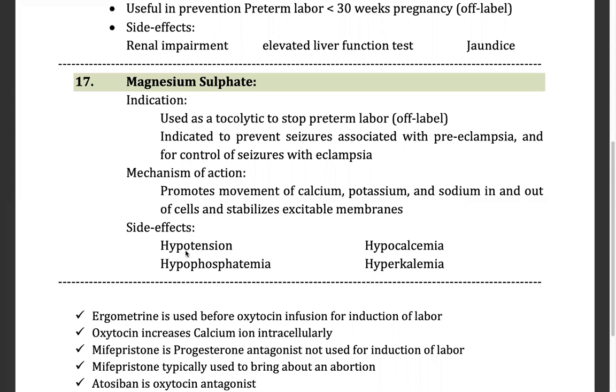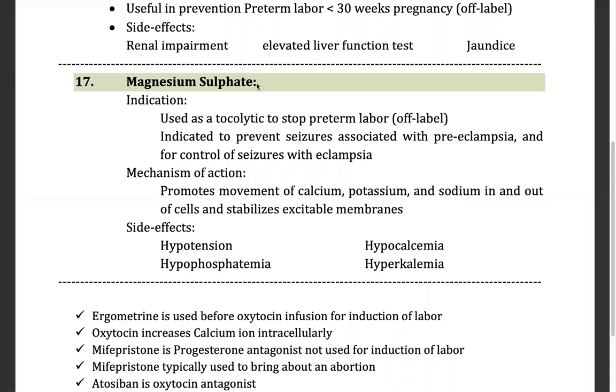Adverse effects include hypotension, hypophosphatemia, a low level of phosphate, hypocalcemia, low level of calcium in the blood, and hyperkalemia, increase in the potassium level in the blood. These are the common adverse effects associated with magnesium sulfate.